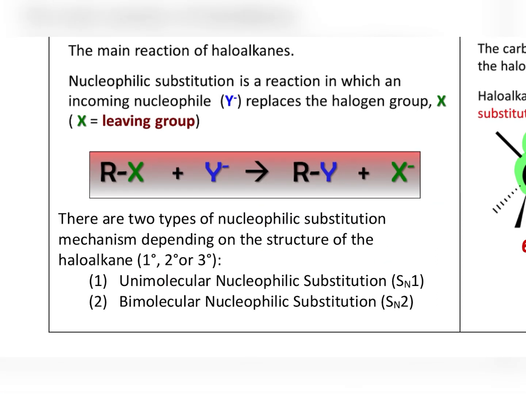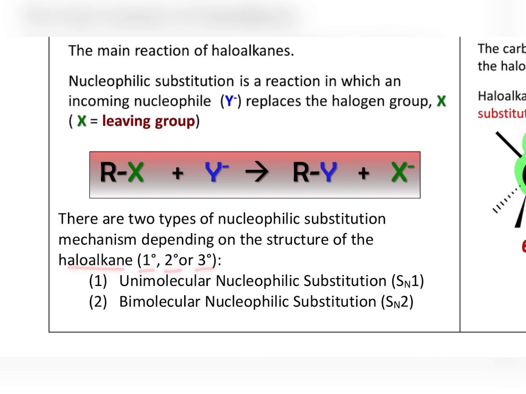Untuk main reaction of haloalkane, okay, kita dah pun belajar tadi that X will be leaving group and nucleophile akan gantikanlah position your halogen. Okay, so there are 2 types of nucleophilic substitution. Ada 2 jenis, SN1, SN2.